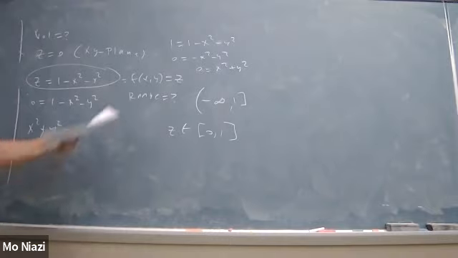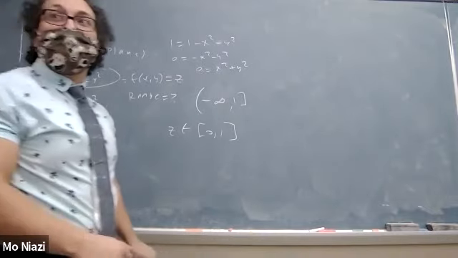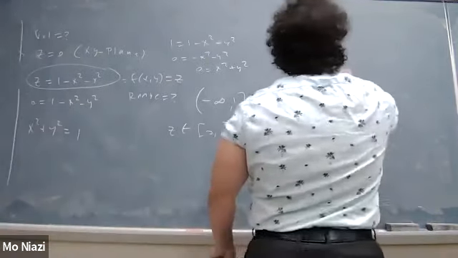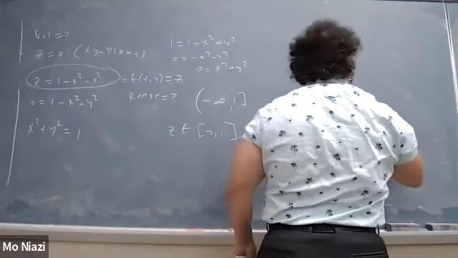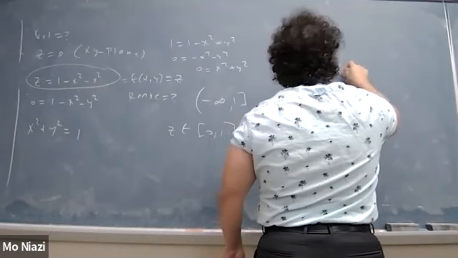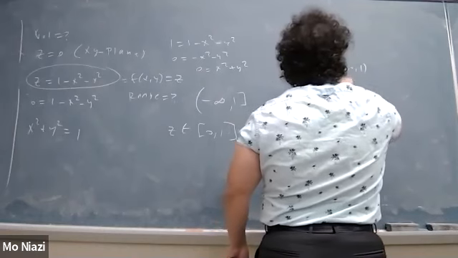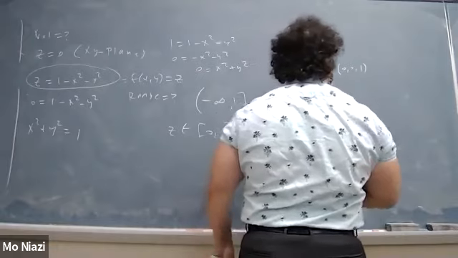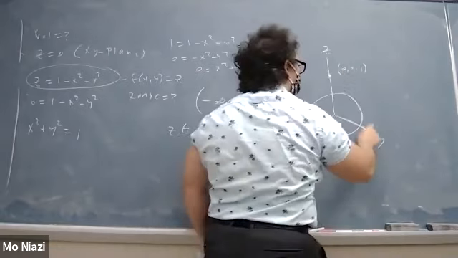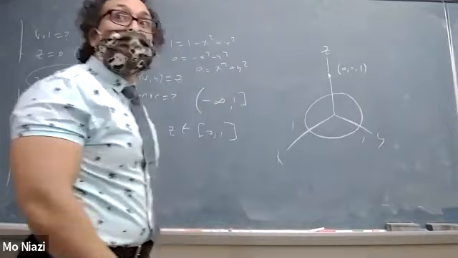So when z is equal to 1, I get a circle of radius 0. So over here at 0, 0, 1, I have a circle of radius 0. Down here, I have a circle of radius 1, right?